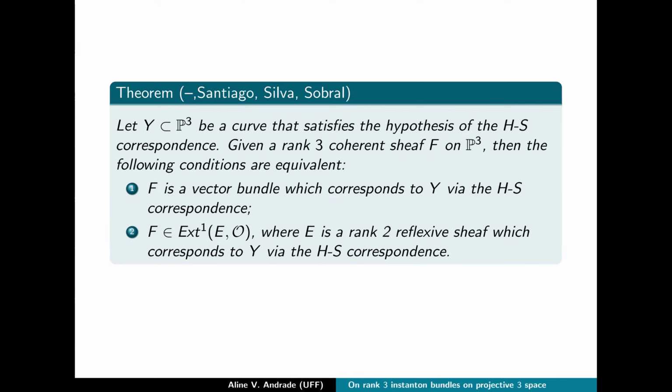F is a vector bundle, which is in correspondence with our curve via the Serre correspondence, if and only if F is in this extension, where E is a rank 2 reflexive sheaf, which also corresponds to Y. So we have a relation between rank 3 vector bundles and rank 2 reflexive sheaves, both of them in correspondence with the same curve via the Serre correspondence. This is important to freeze.